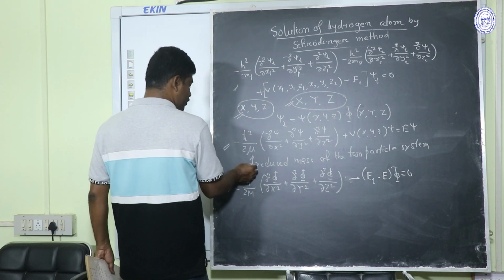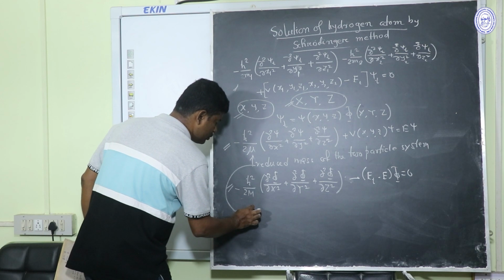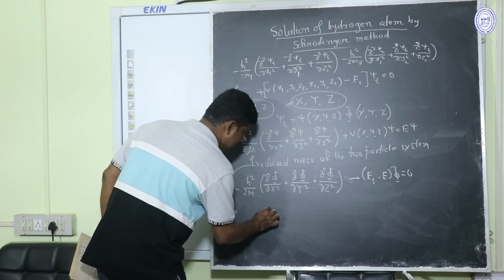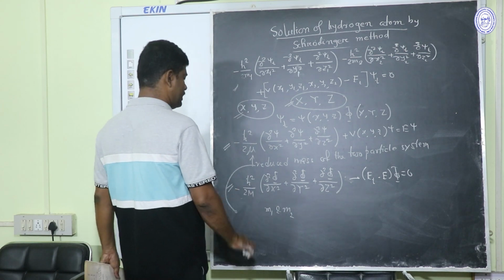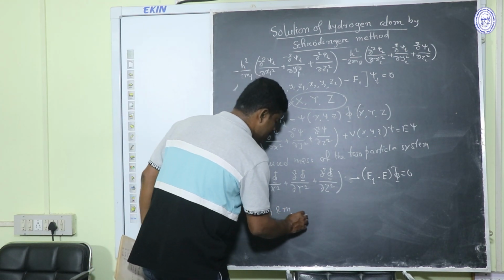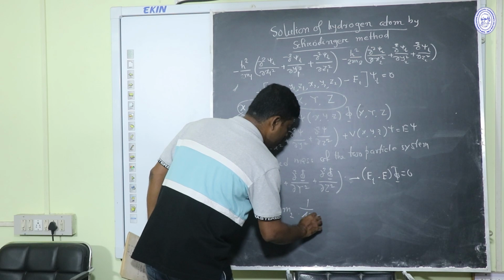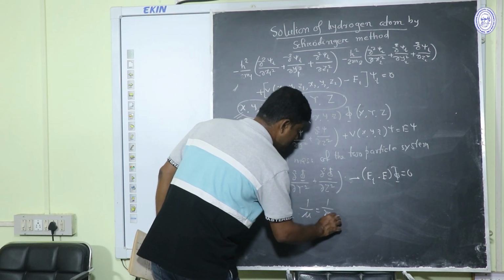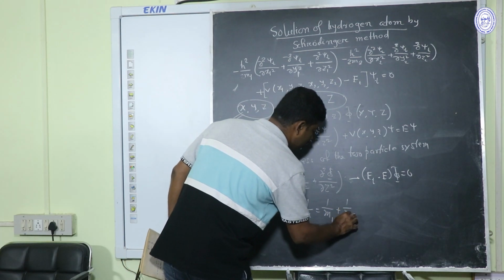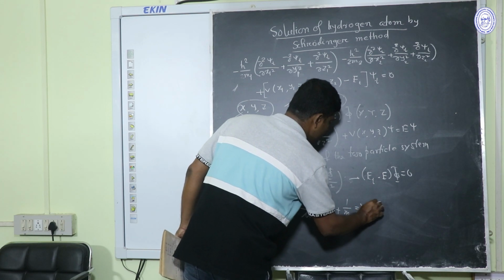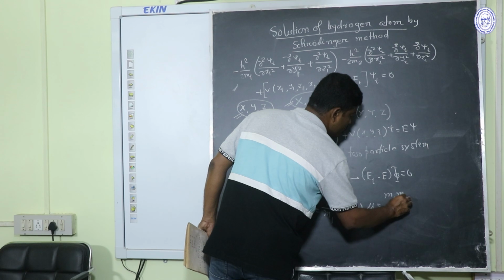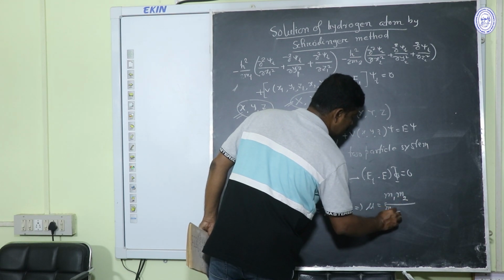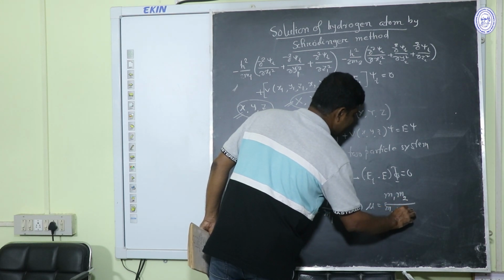Now, for the reduced mass of a two particle system of masses m1 and m2, 1 by μ is equal to 1 by m1 plus 1 by m2. This gives μ equal to m1 m2 divided by m1 plus m2.